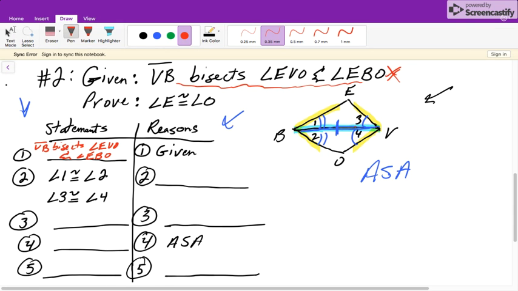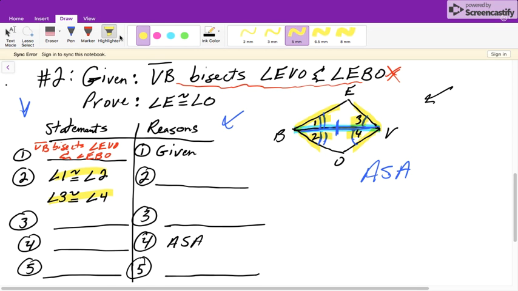Then remember, when we said it bisected, that is where we could say that these angles were congruent. So the next statement provided for you is that angle 1 is congruent to angle 2, and angle 3 is congruent to angle 4. That's what we said with these arc marks.